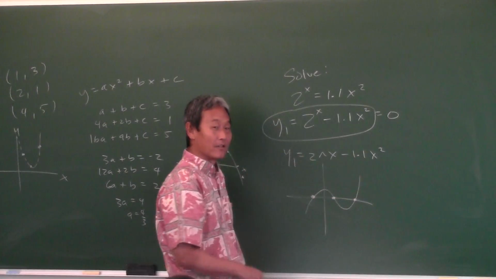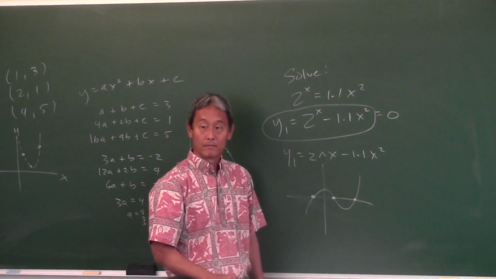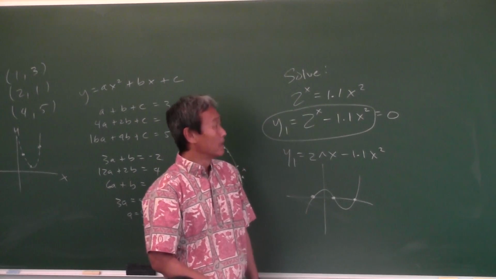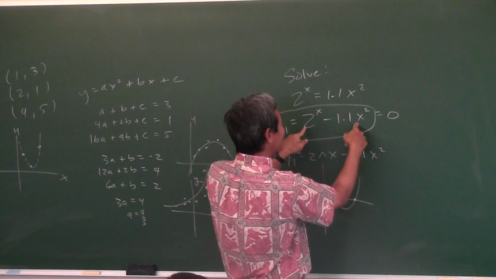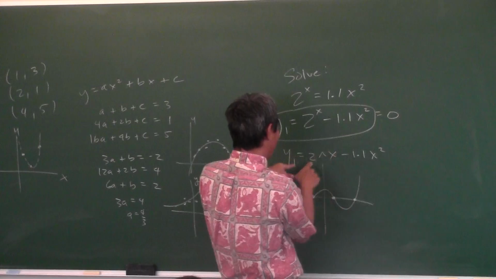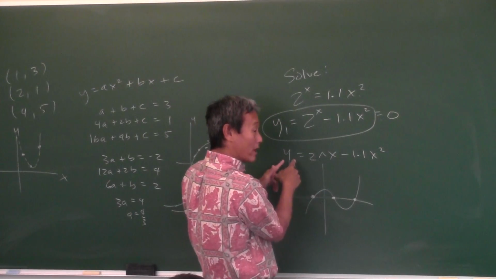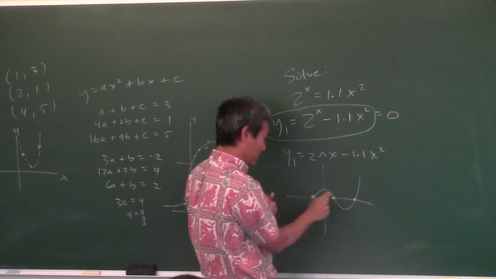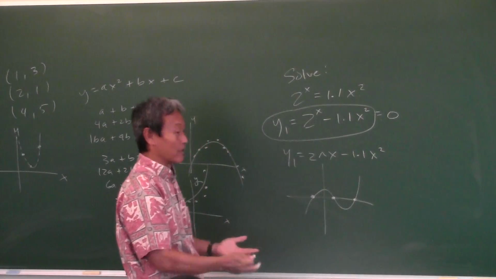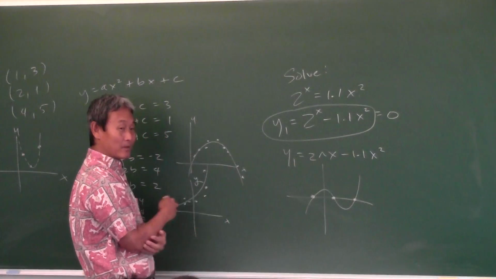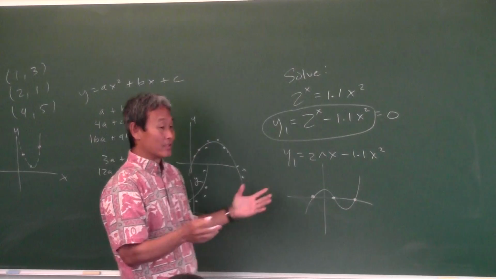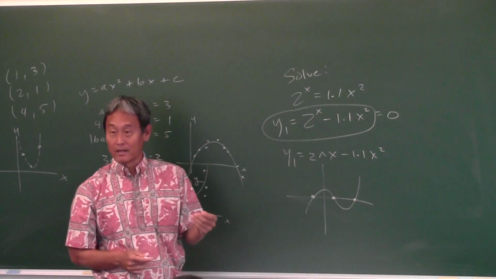The x-intercepts of this graph are the answers. How come? Because you're trying to find when this thing is equal to 0. If you graph that, you want to know where the y-coordinate is equal to 0. And where is the y-coordinate equal to 0? At the x-intercepts, right?